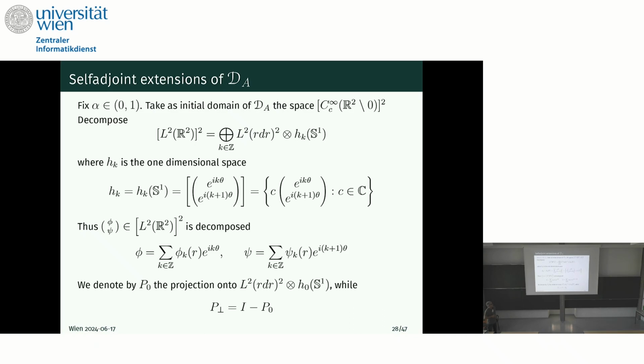So any spinor in L2 is decomposed into, so this is the spherical decomposition of the first component, and this is the spherical decomposition of the corresponding second component. Let me just introduce the projection on the space with kappa equals 0 and the remaining part, okay, just to handle separately the two parts, because the trouble comes from the component kappa equals 0.